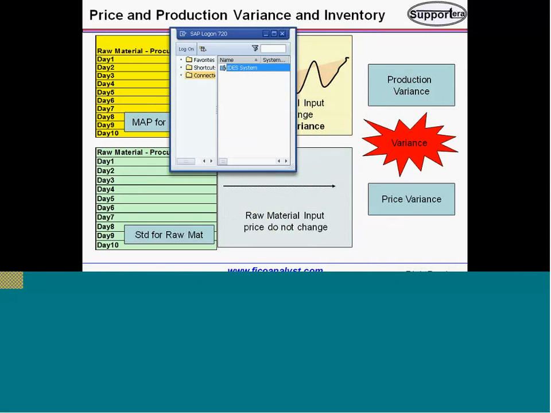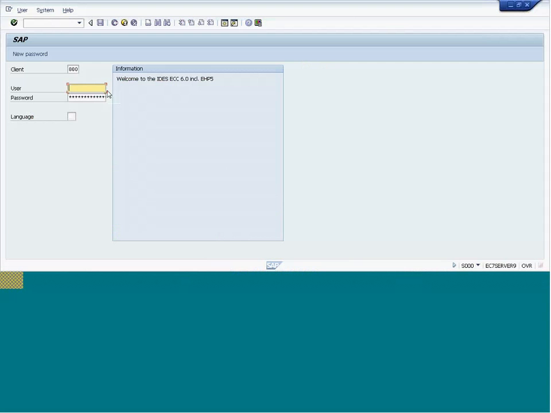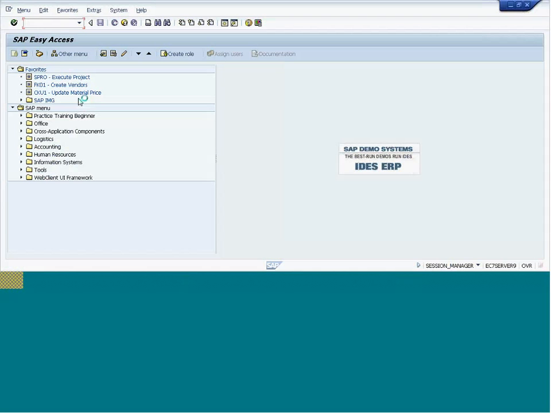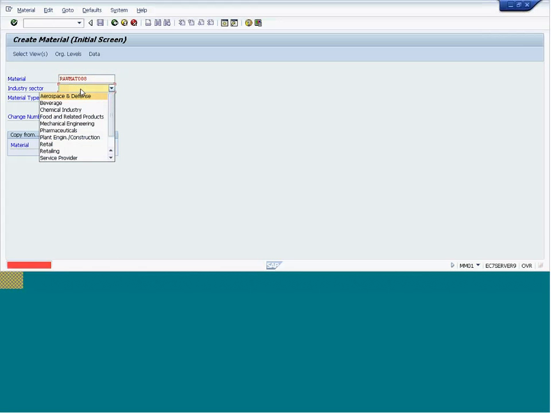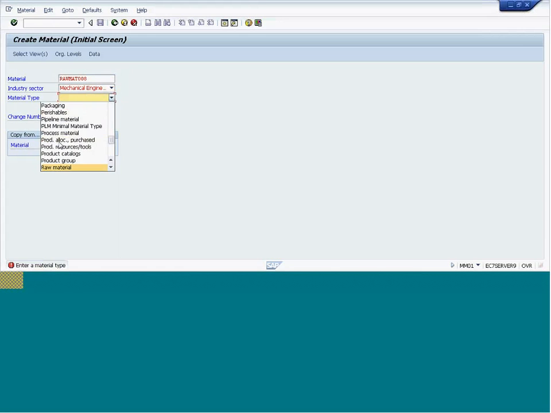Okay. So now I'm going here and logging into SAP. Let's create a material, let's say MM01, a fresh material. Material number 8, mechanical engineering and raw material.